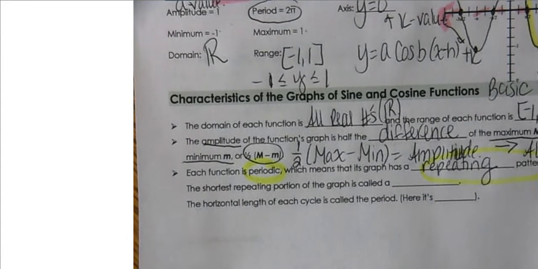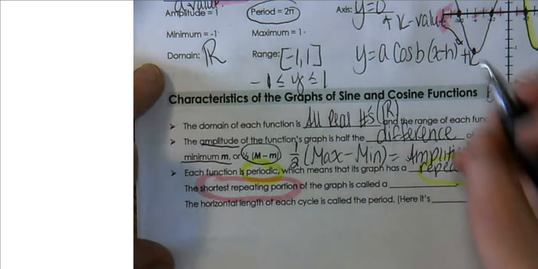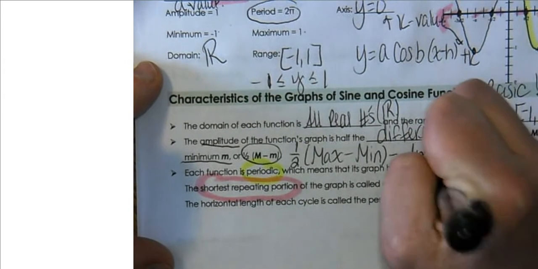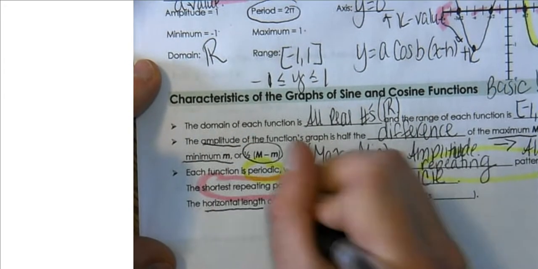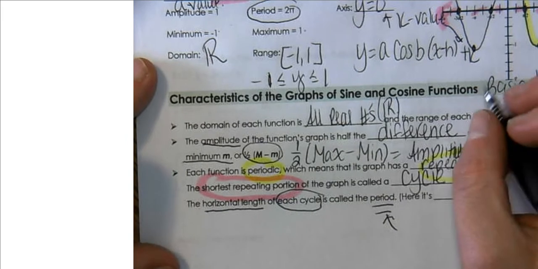Now, the shortest repeating portion of the graph is called a cycle. The horizontal length of each cycle is known as a period. How long does it take to go through one motion of 0, up, 0, down, 0? Or how long does it take to go up, 0, down, 0, up?